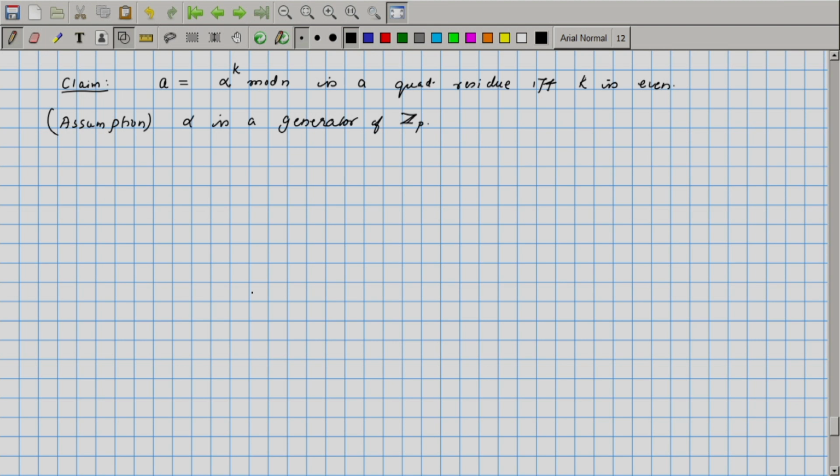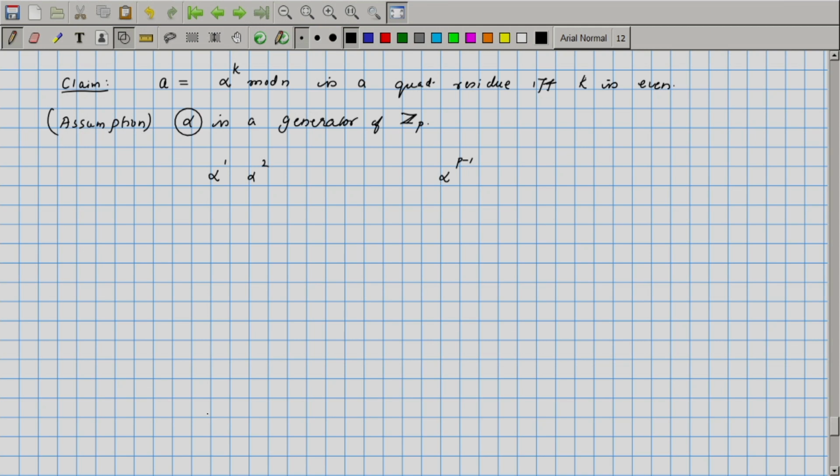Okay. So, we are looking at the group consisting of 1 to p minus 1, and in this particular group, let us say alpha is a generator, and we are looking at all numbers of this form. So, since alpha is a generator, the different elements will be alpha, alpha square, up to alpha raised to p minus 1.